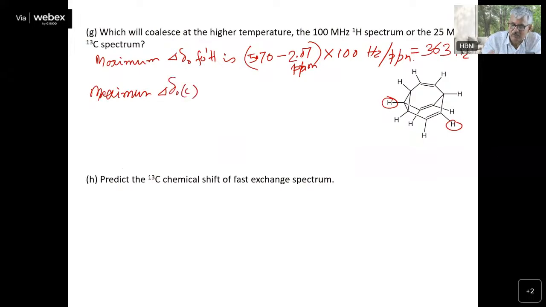For carbon, what is the value? What we saw is 128.5 minus the lowest one, 21.